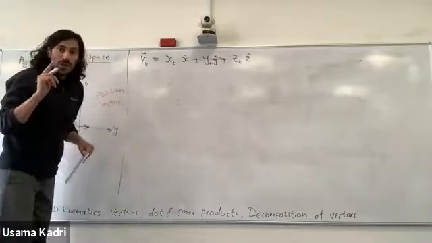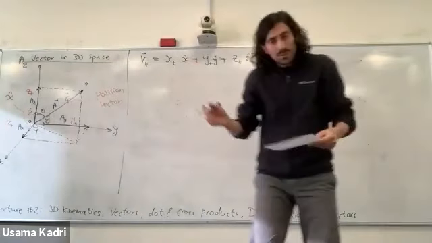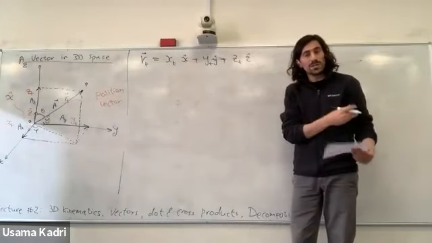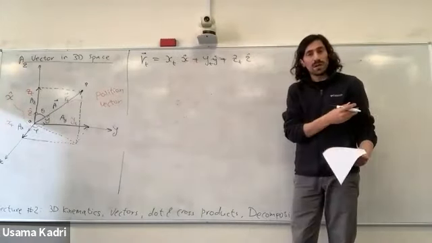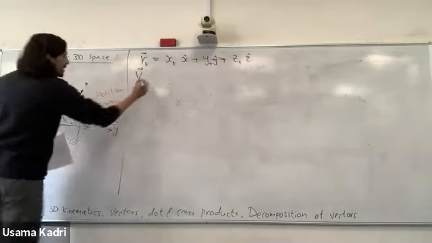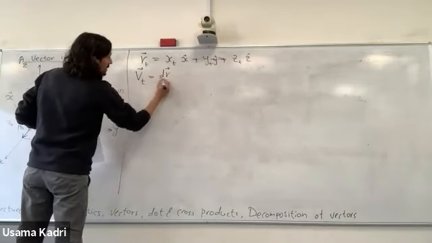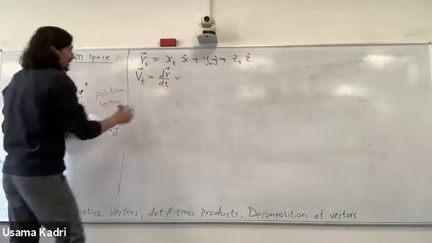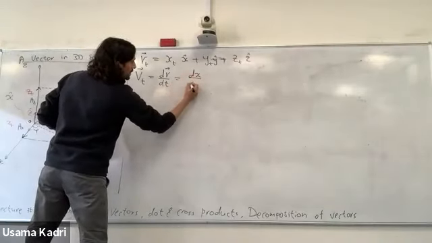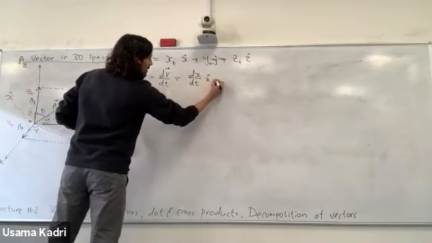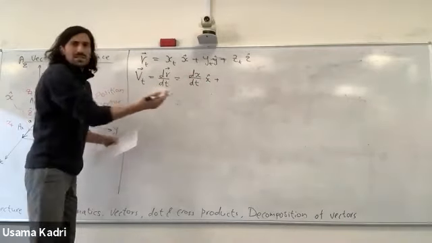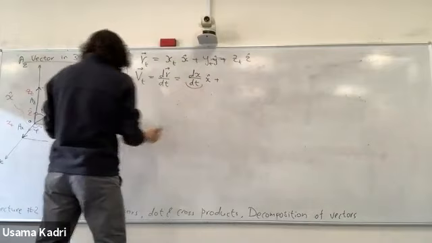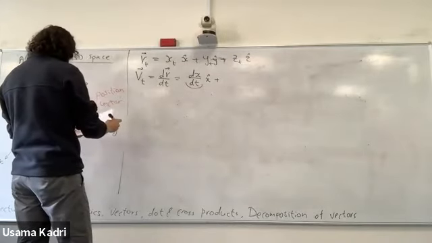If I want to know now the velocity, all I need to do, and we know that already, using the past knowledge from the last lecture, v of t, which is the velocity, is dr dt, and that gives dx dt in the x direction.